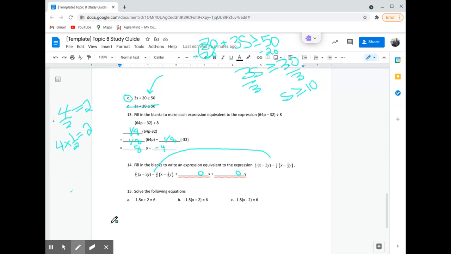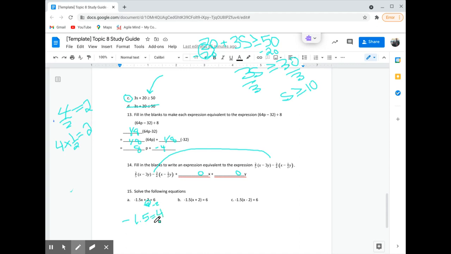Then I subtracted 2. You're supposed to do it for each one. All right, so we subtract 2 here. We subtract 2 here, so we got negative 1.5 x equals 4.